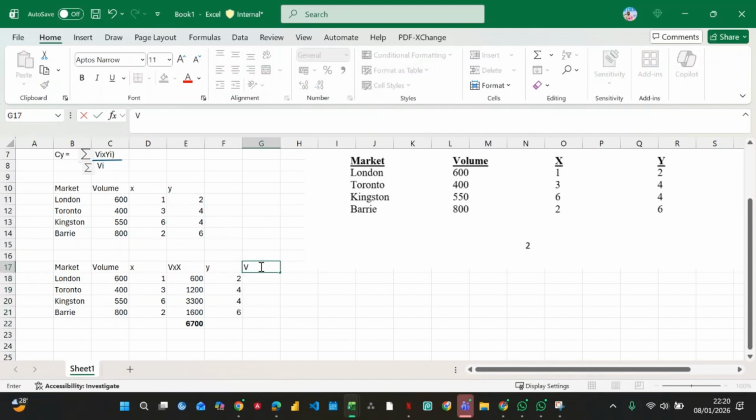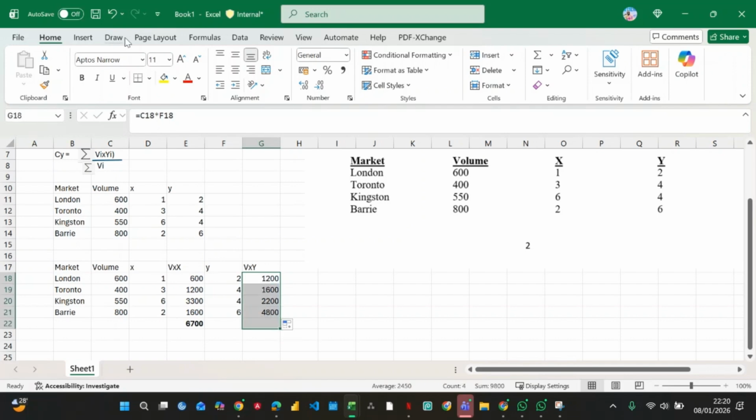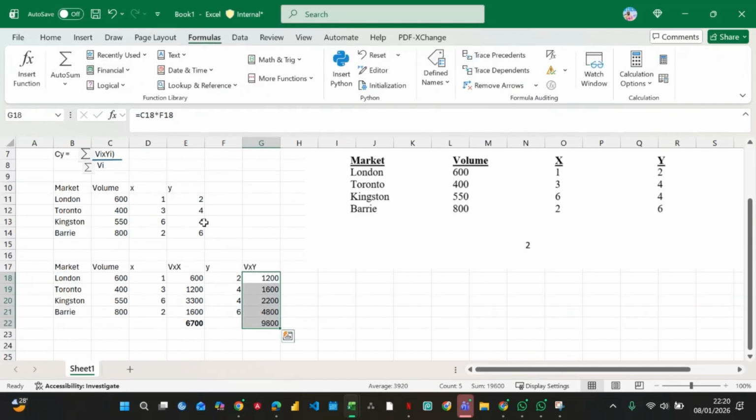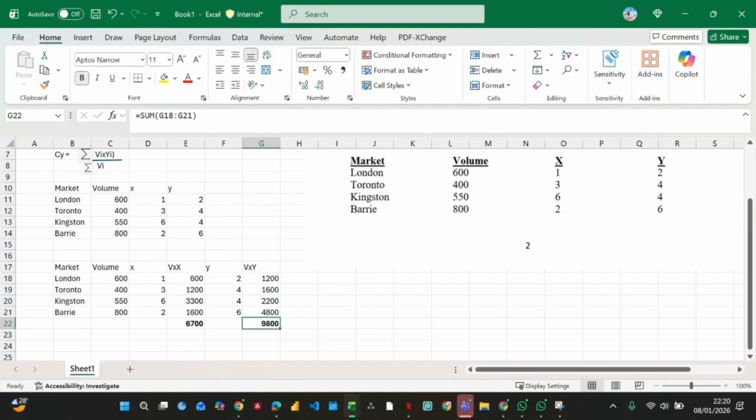So with this, we now want to do v multiplied by y, right? So we have this times y, and it will give us this. Then we do the summation of this one. We have this. Okay, so that's what we have.